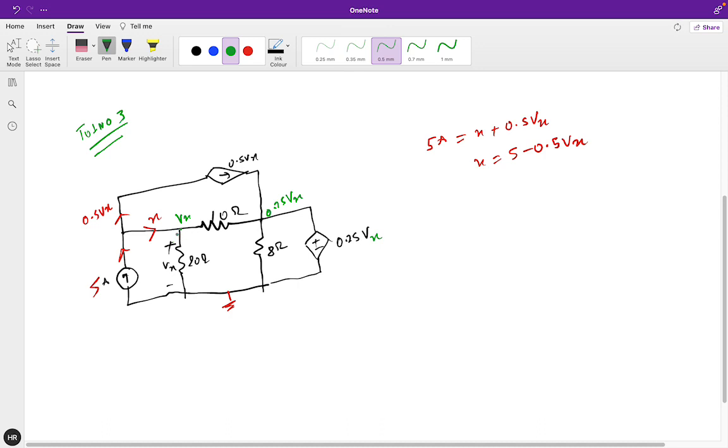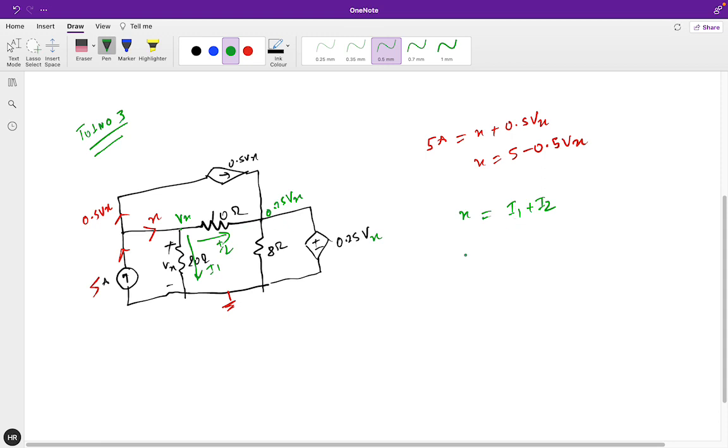I am taking the currents like this. Suppose this is I1 current and this is I2 current. So x will be equal to I1 plus I2, incoming current equals outgoing current.